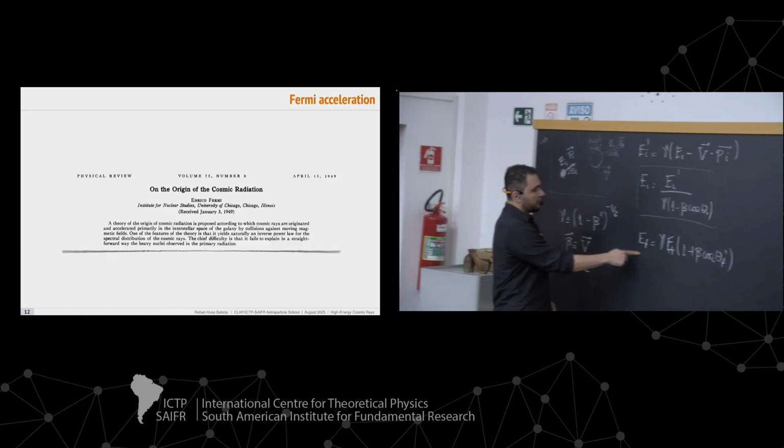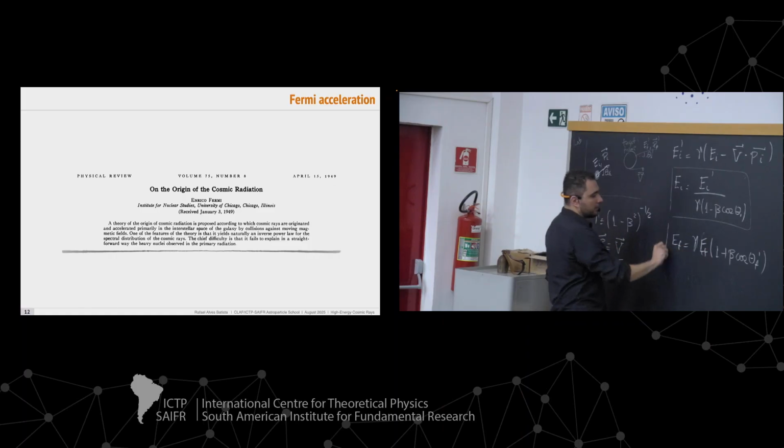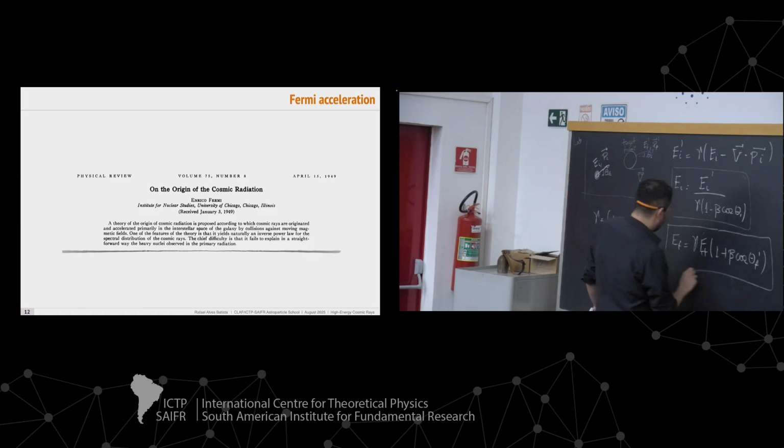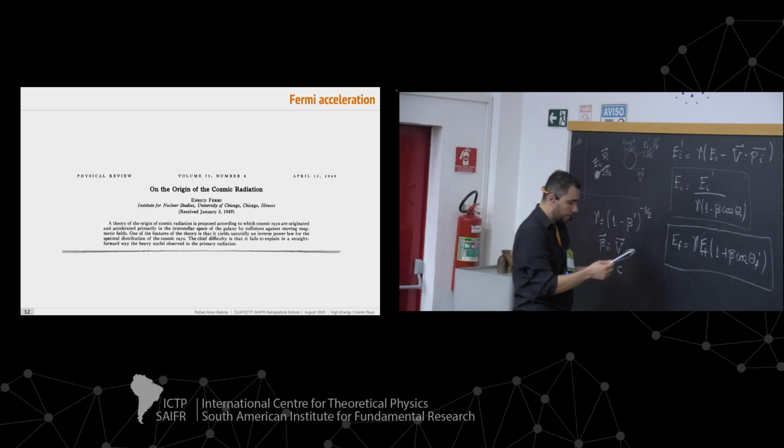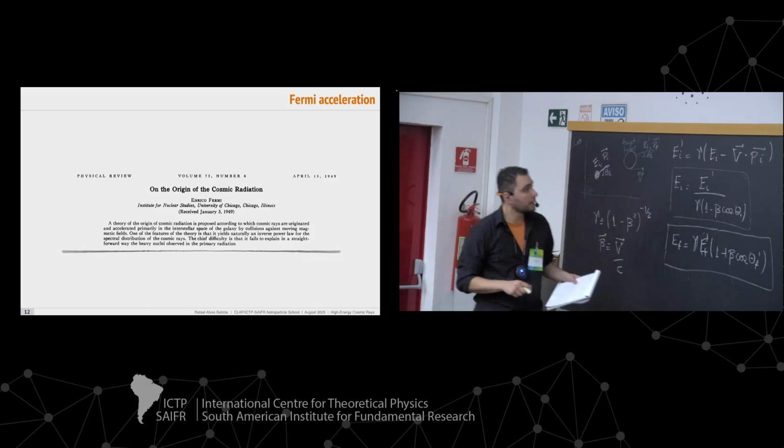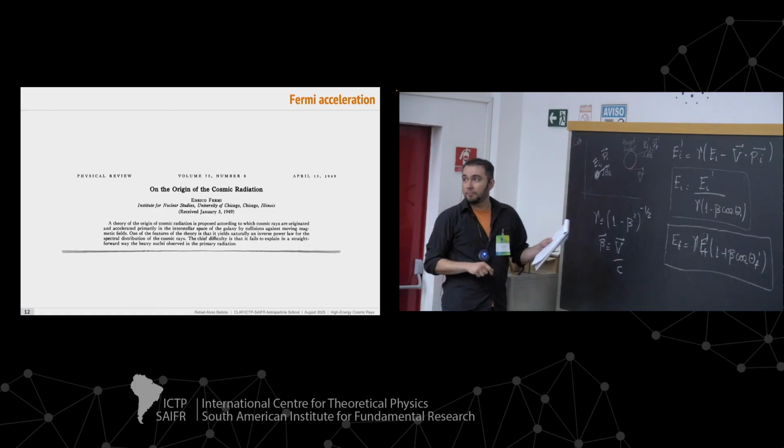So same thing here, the final energy written in terms of the primed quantities. Missing a prime, thank you.